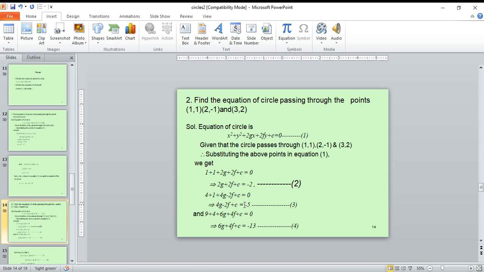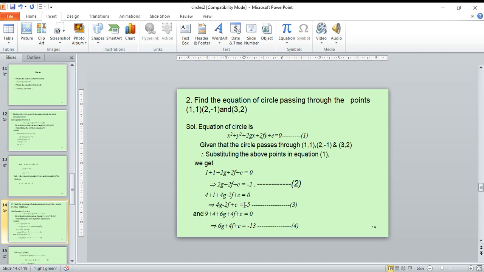And apply the second point on equation 1, that is x equal to 2 and y equal to minus 1: 2 square plus 1 square plus 2g into 2 plus 2f into minus 1 plus c equal to 0. That gives 4g minus 2f plus c equal to minus 5, taking 4 plus 1, 5, to the right side.